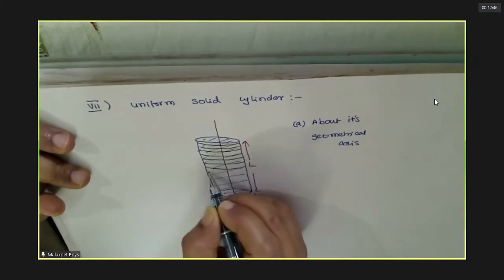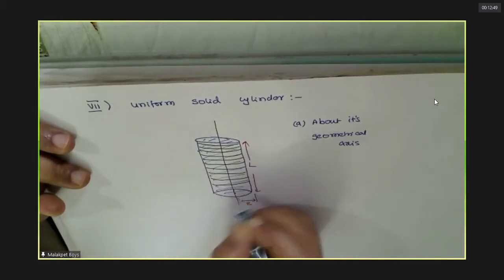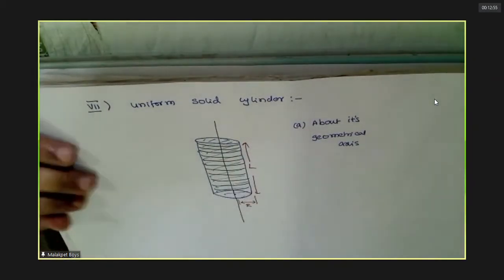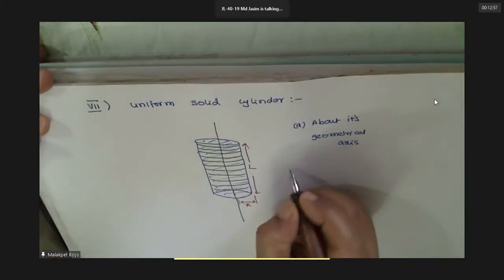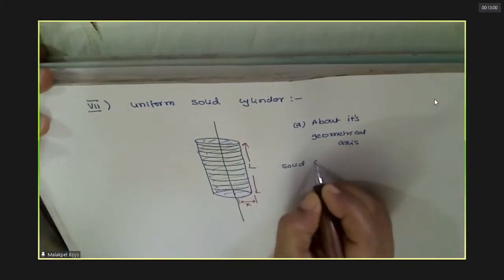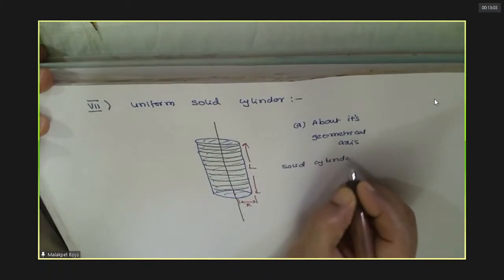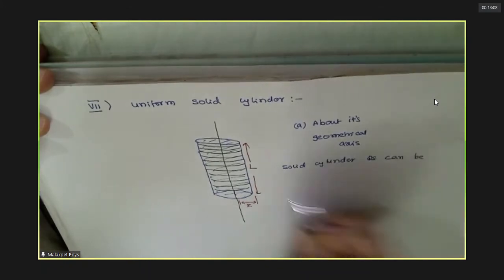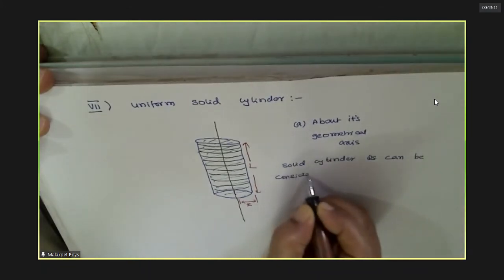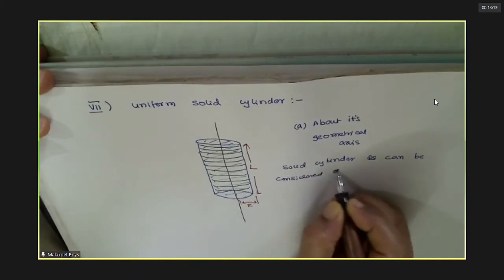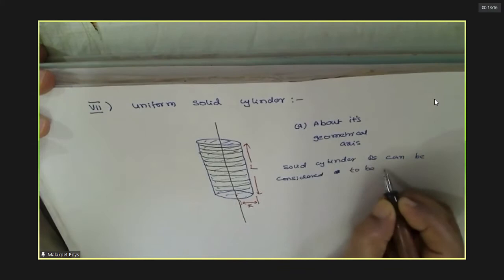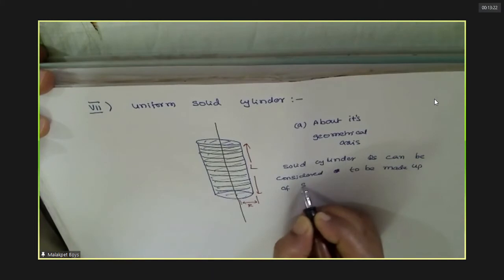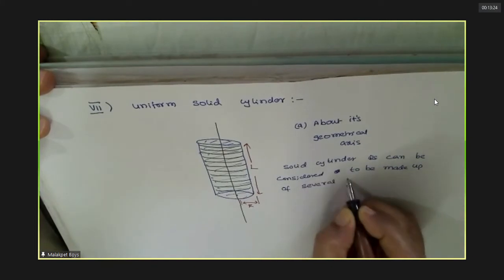You cut a cylinder into slices with a knife. What will you get? Rings? Discs. So here the solid cylinder can be considered to be made up of several discs.